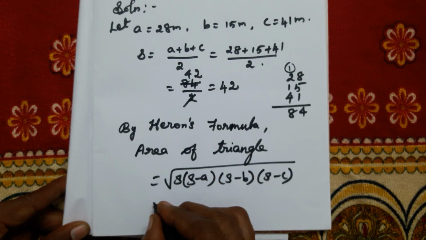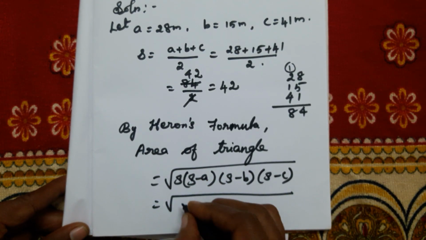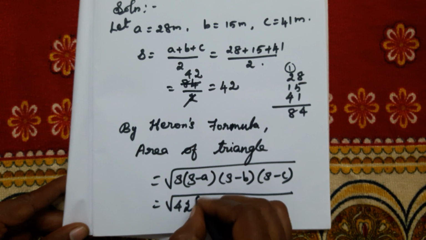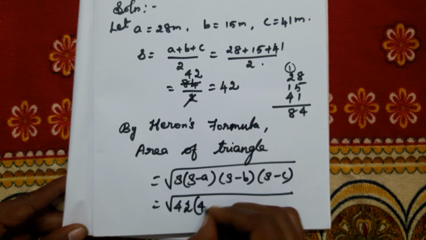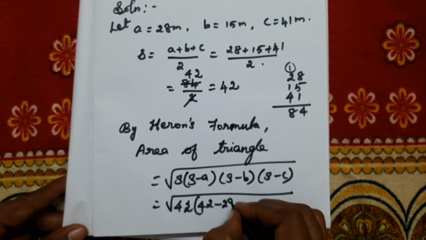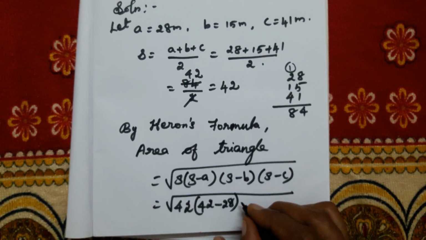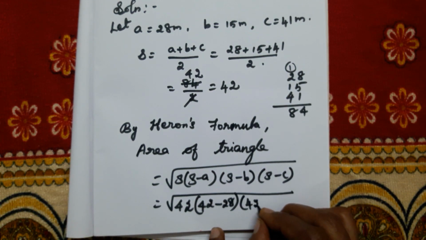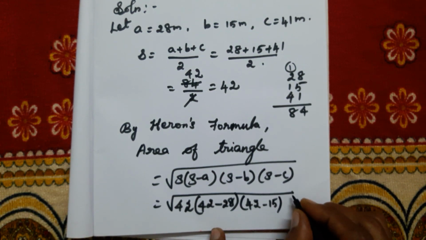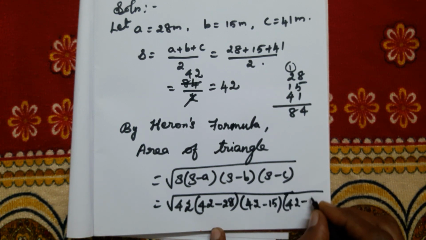So what are we getting? 42 into 42 minus 28 into 42 minus 15 into 42 minus 41.